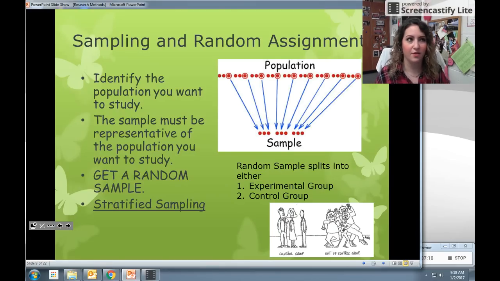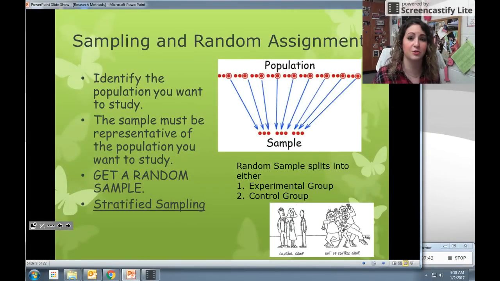So let's say we have 3,000 people at Tomball High School. The population is 3,000, and you want to have a sample of just 300. Okay, so now you have a sample of 300 from the population, that you randomly got. You picked ID numbers. You had a random shuffle of ID numbers. You picked names out of a hat, something like that.